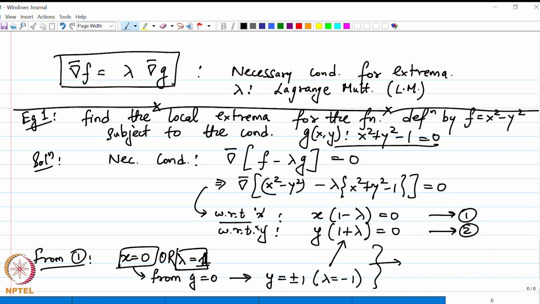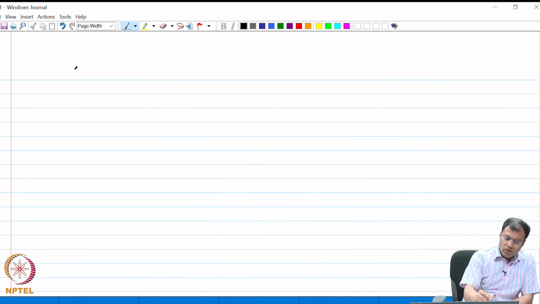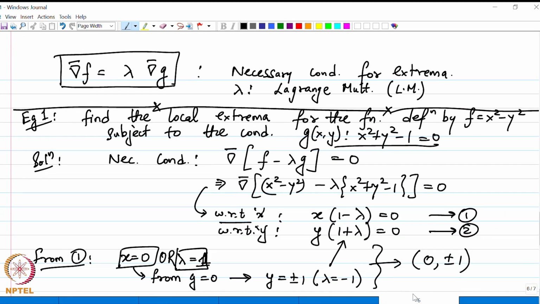So, the two such points that we have found from this exercise are 0 comma plus minus 1. The other solution can be found by assuming lambda is 1. So, if lambda is 1, then the second equation is satisfied only when y is 0, right.